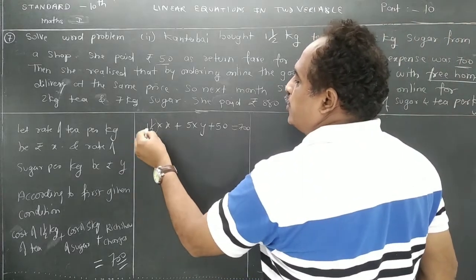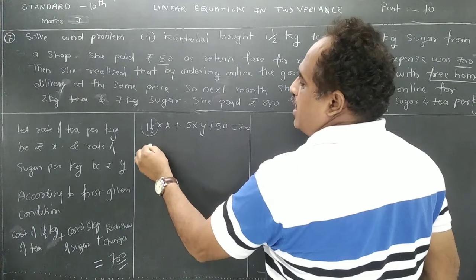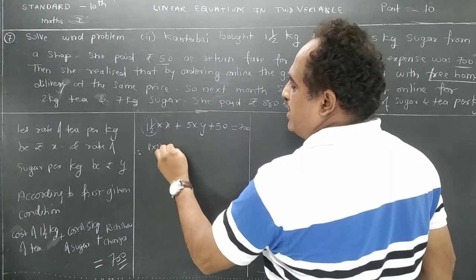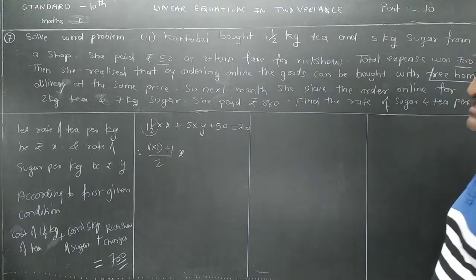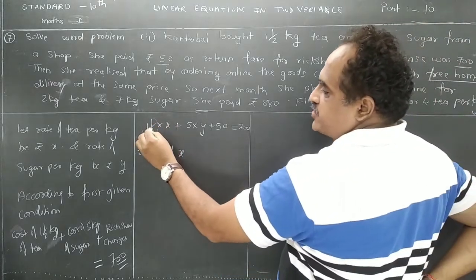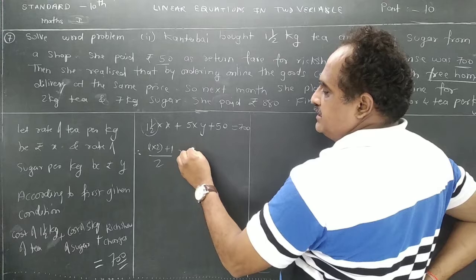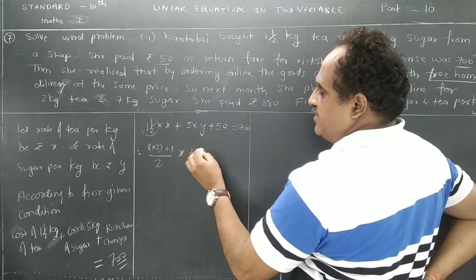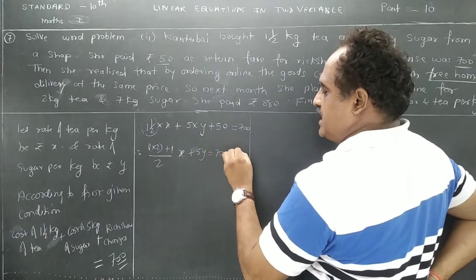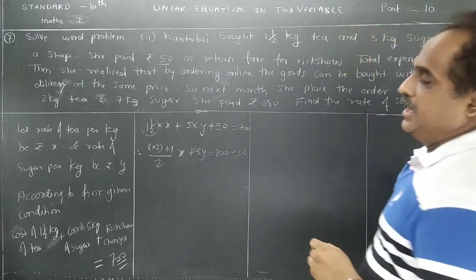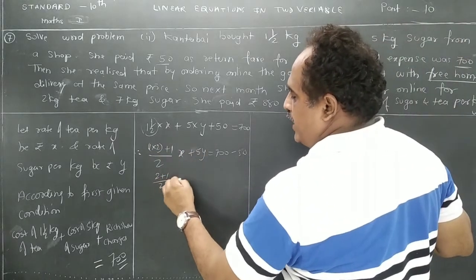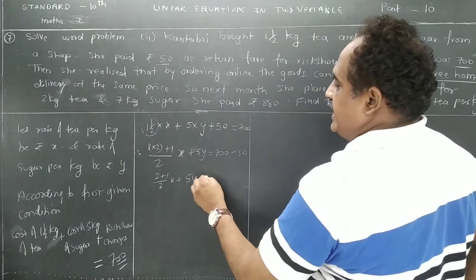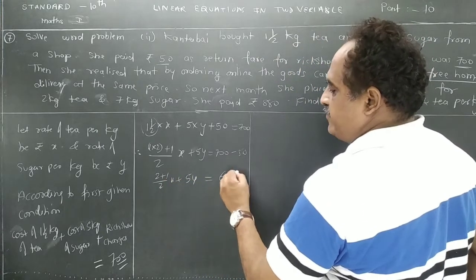You should know how to do it. 1 twos are 1 into 2, and we add 1 to it, divided by 2, x. This is the way to solve a mixed fraction. So (1 into 2 plus 1) by 2 x plus 5y is equal to 700 minus 50. So 3 by 2 x plus 5y is equal to 650.